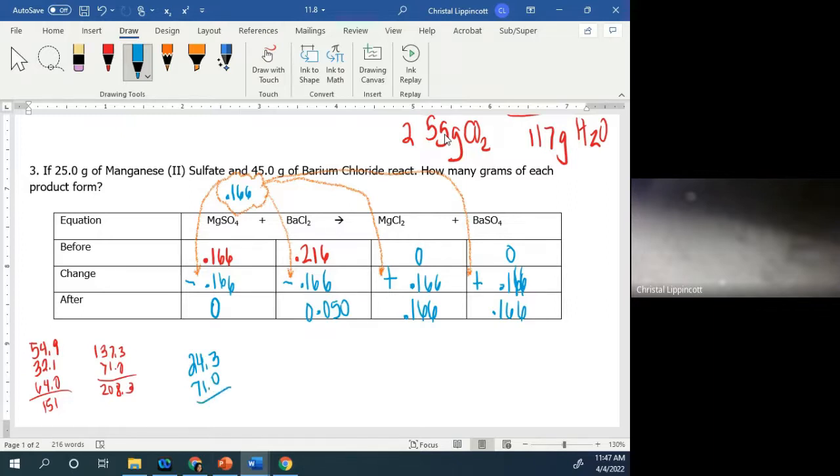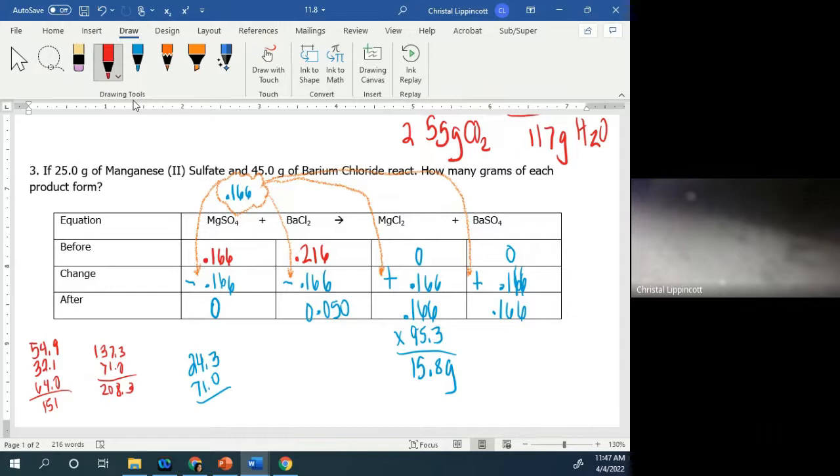So 24.3 plus 71, that's 95.3. So I'm going to multiply this times 95.3. That ends up being 15.8 grams.